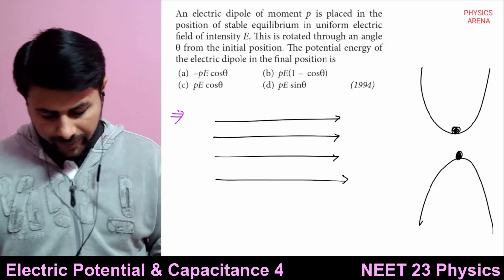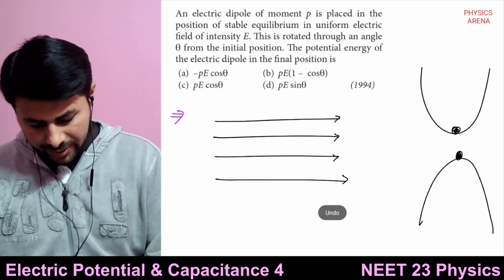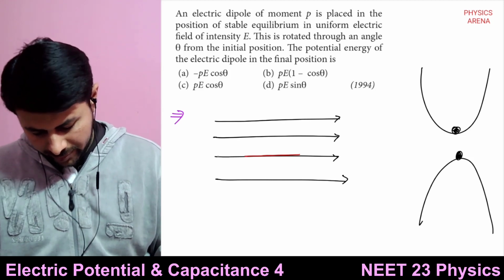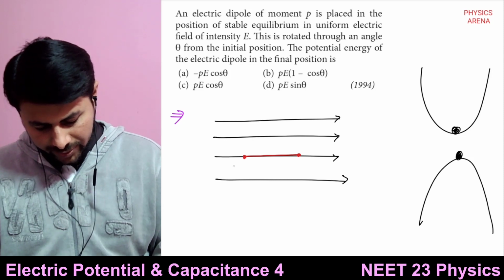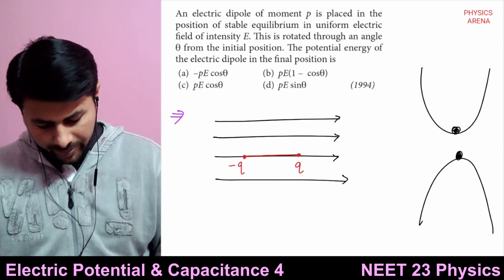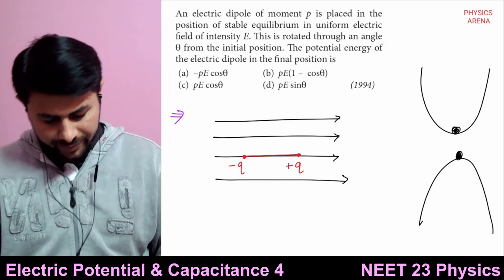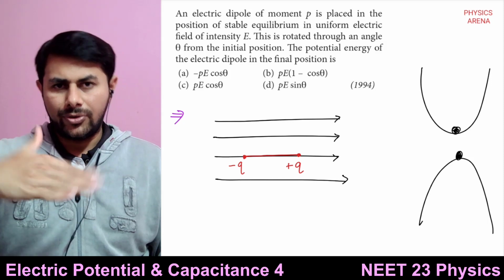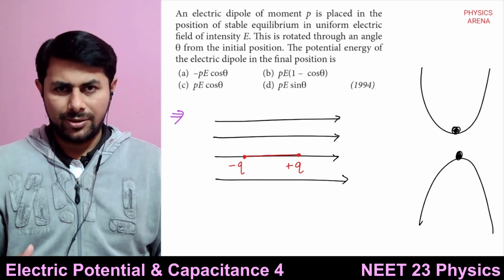So now see the dipole, if it is oriented like this in direction of the electric field. This is minus q, this is plus q. If it is oriented like this, then if you displace it, meaning if you rotate it a little bit, it will again come back to this position.